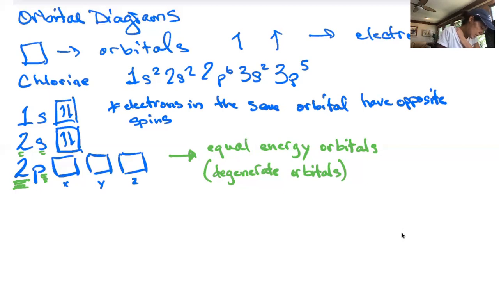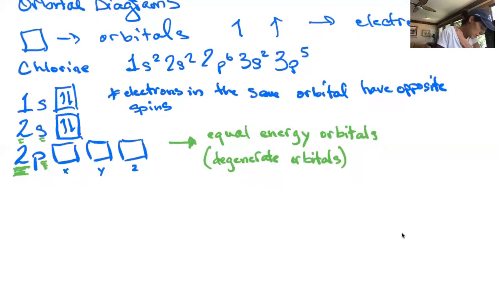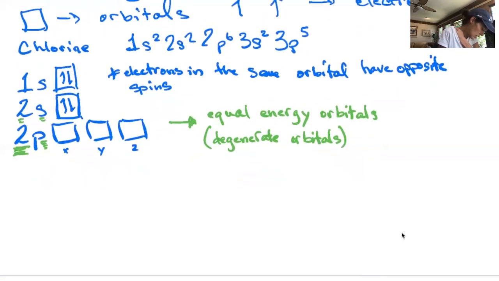And equal energy orbitals, degenerate orbitals, when they get electrons, each equal energy orbital gets one electron before any equal energy orbital gets two. I'm actually going to write that down. It's a rule. There is a name for it. It's either Hund's rule or the Pauli exclusion principle. I think it's the Pauli exclusion principle. I may be wrong though.